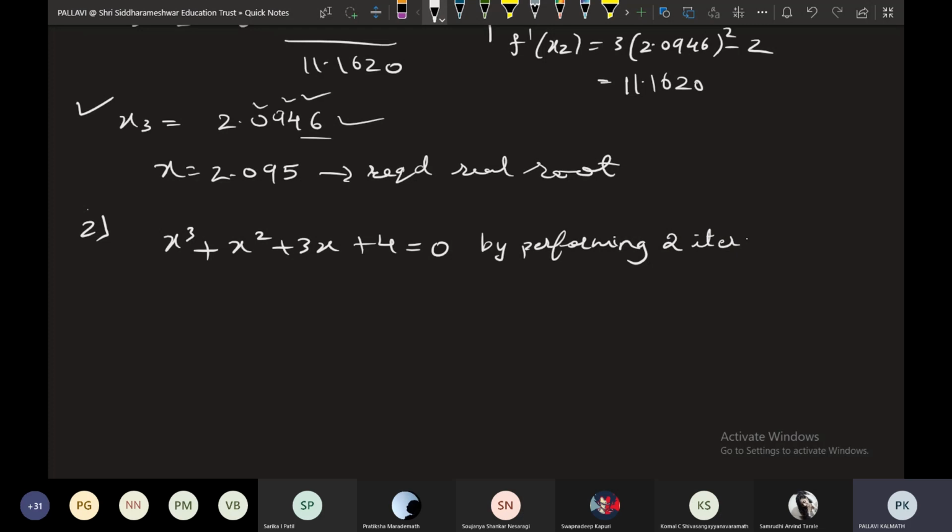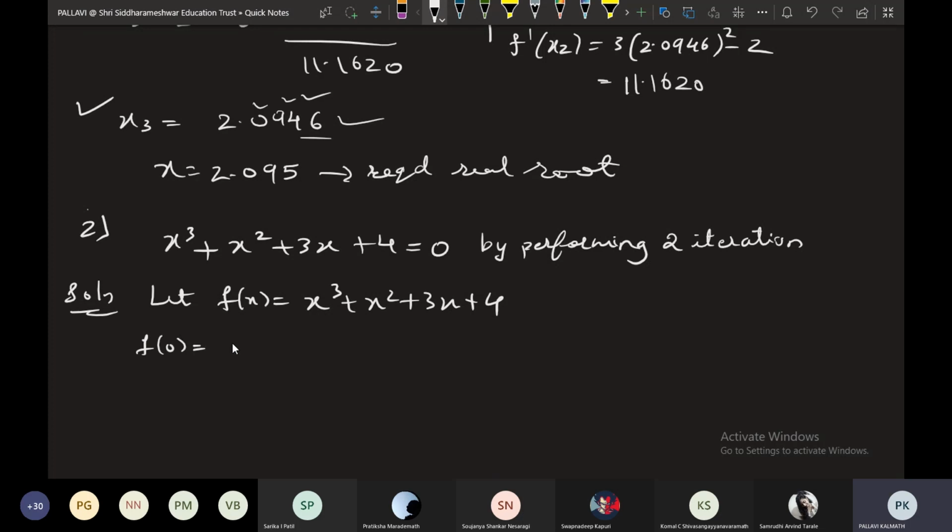Okay, here the number of iterations is mentioned, so you perform only two iterations. In the solution, let f of x be x cube plus x squared plus 3x plus 4. Then how to locate the root now?